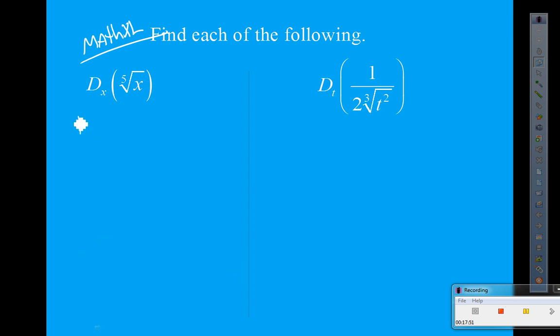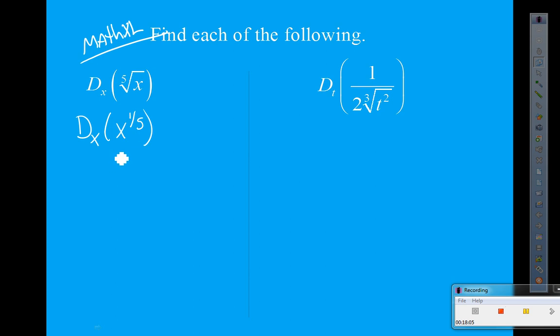So here goes. I'm going to find the derivative with respect to x of the fifth root of x. I need to think of it as something I can find the derivative of, so I'm going to think of it as x to the 1/5.